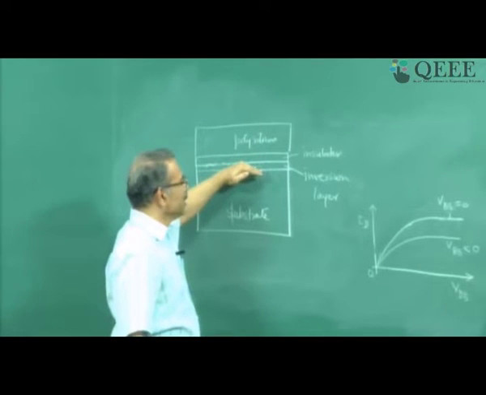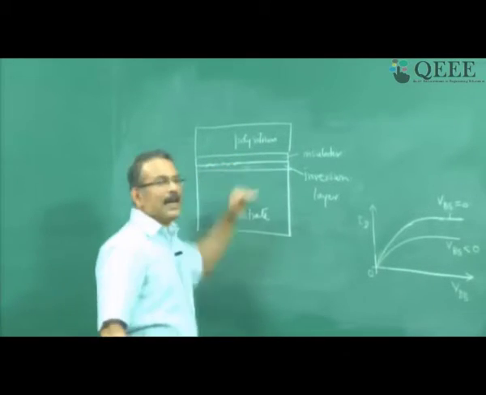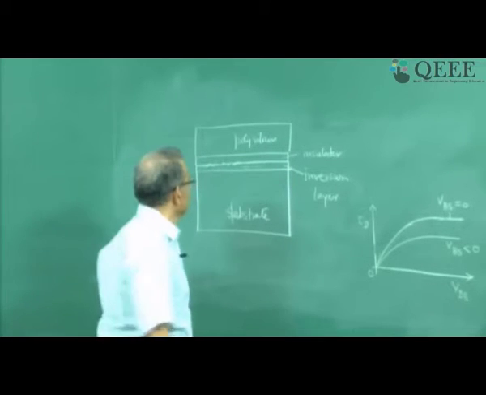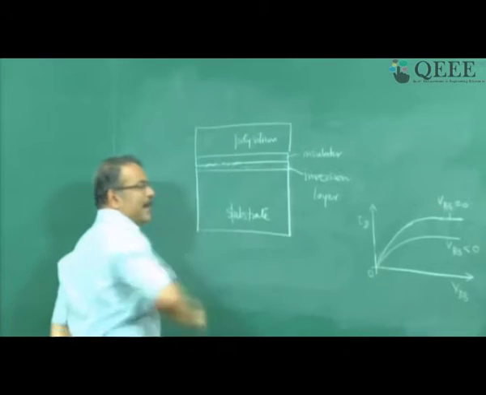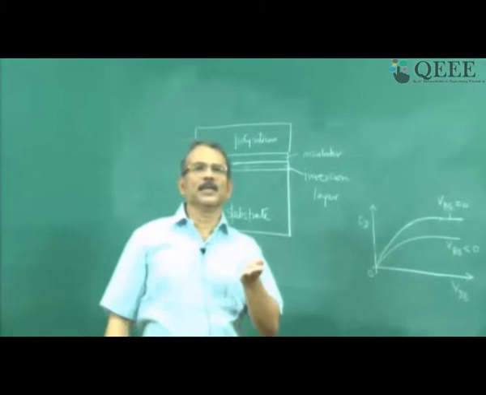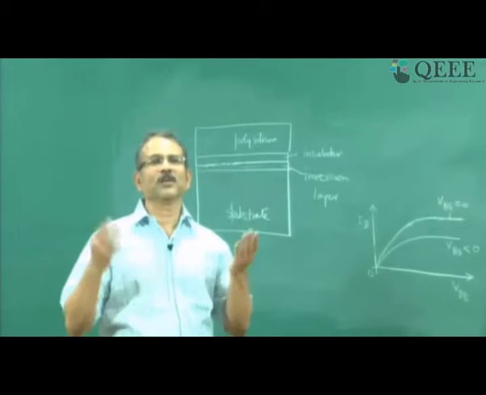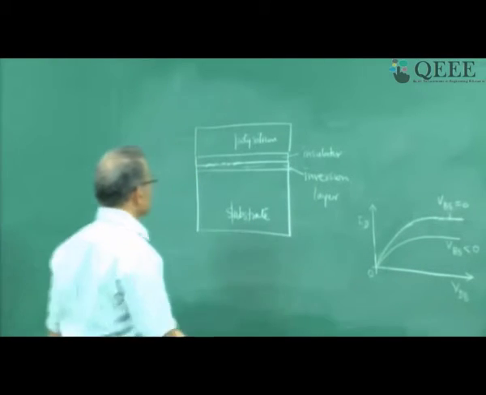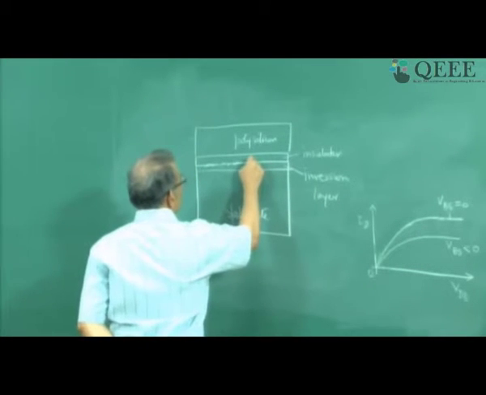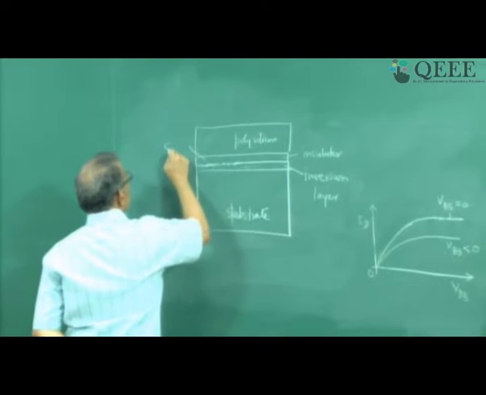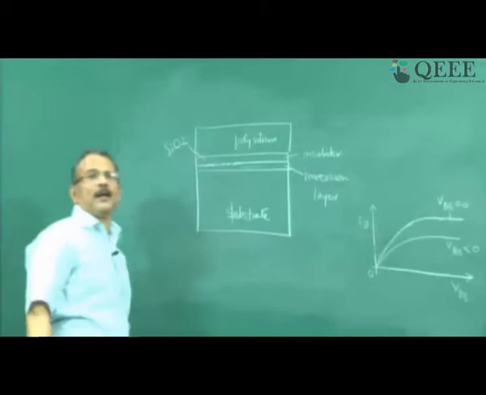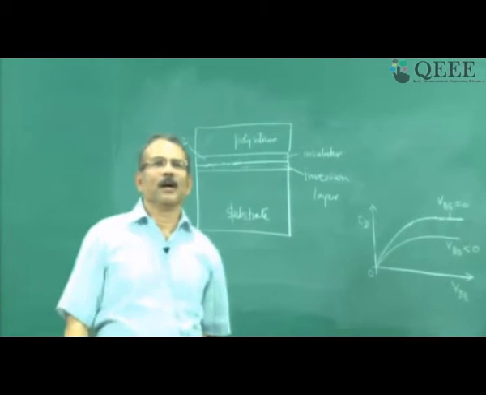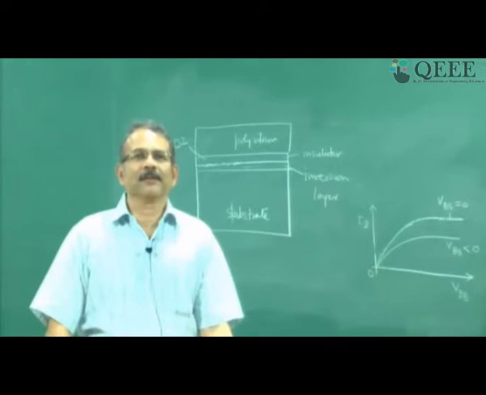So ultimately they came up with a very elegant and simple process, and they found that if you simply convert silicon to silicon dioxide by heating silicon in oxygen in a very clean ambient at 1000 degrees or more, then you get a very good quality insulator. That is why people use silicon dioxide, because it gives you a good interface and it gives you a reasonably good mobility of carriers there.